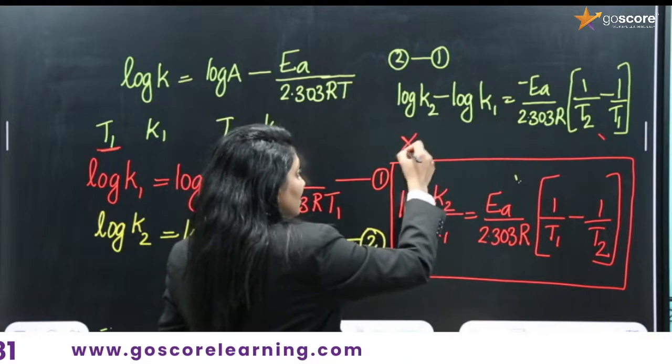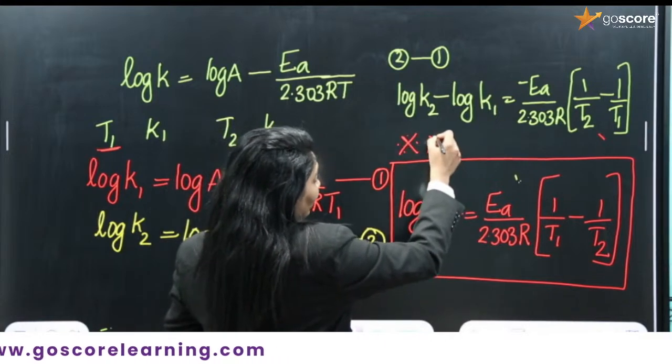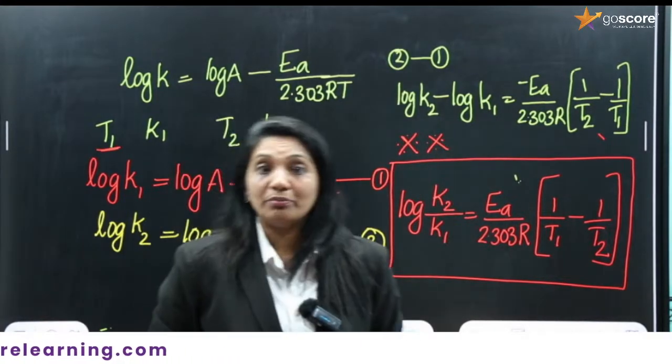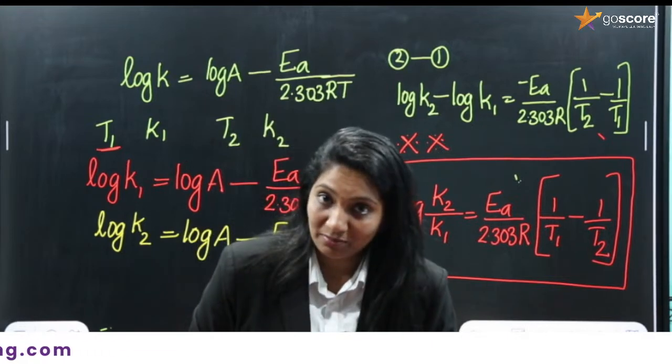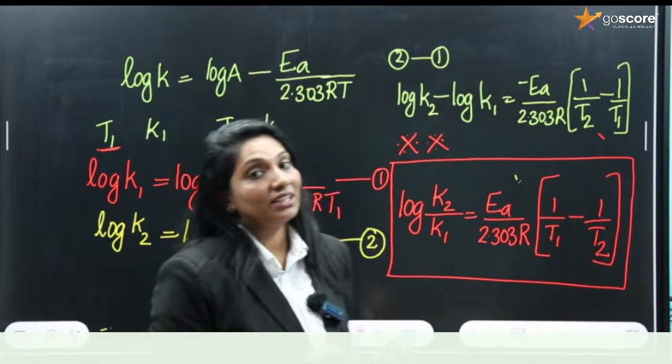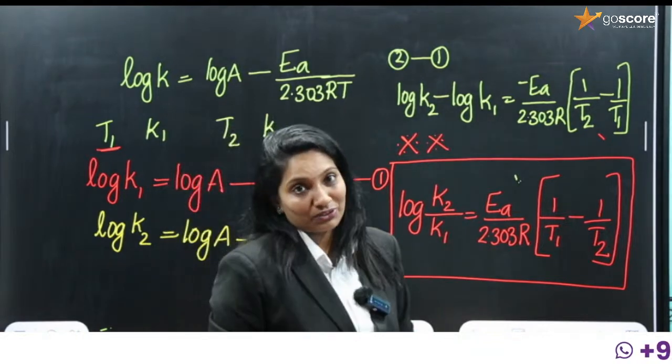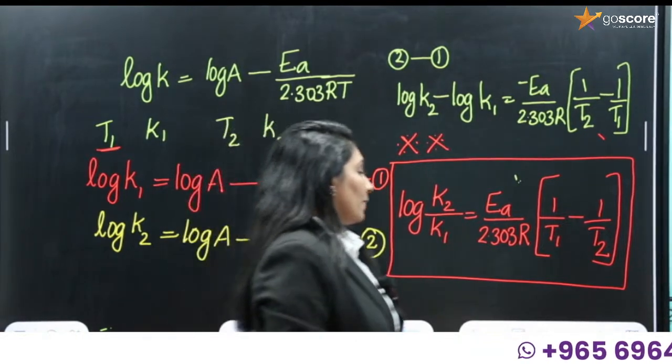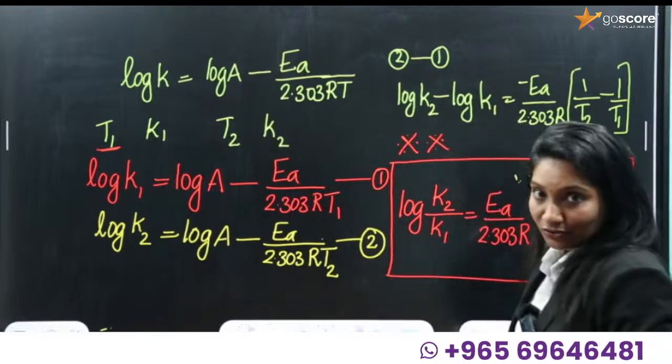Again, this is a very important equation. Definitely there will be problems from this session, so don't forget to learn this equation for the exams. I hope this is clear.